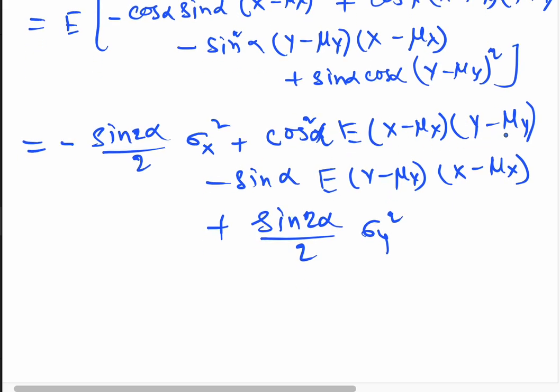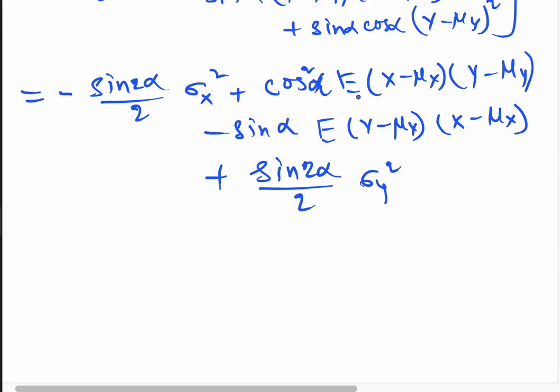This is the covariance, and the covariance of x comma y means rho into sigma x into sigma y.